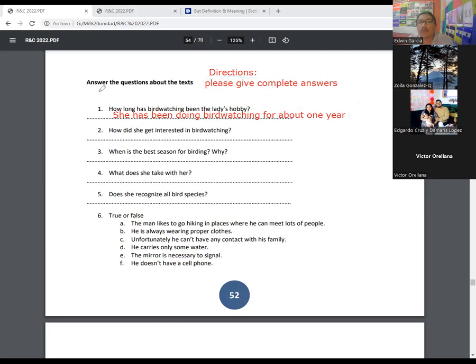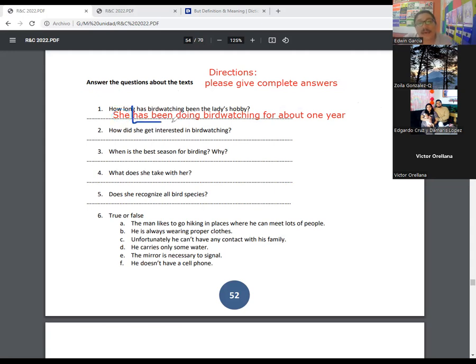In this case, we don't have one clear direction because it's just answer the question about the text. But if we add this one, okay, that changes everything because we have to use the complete form. Well, in this case, making a sentence using the grammar, the first part, remember, is the subject.